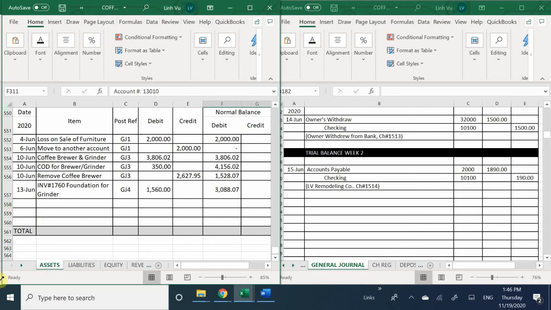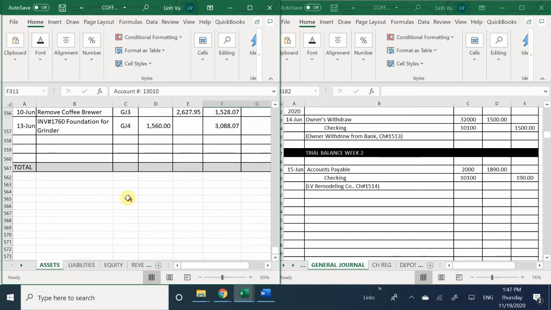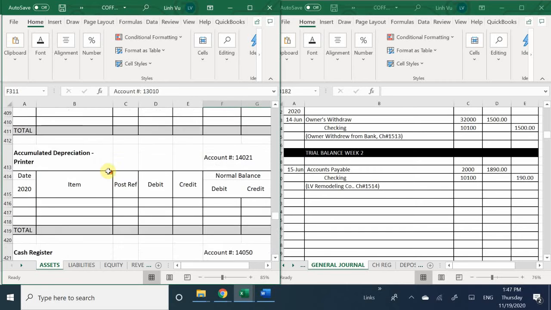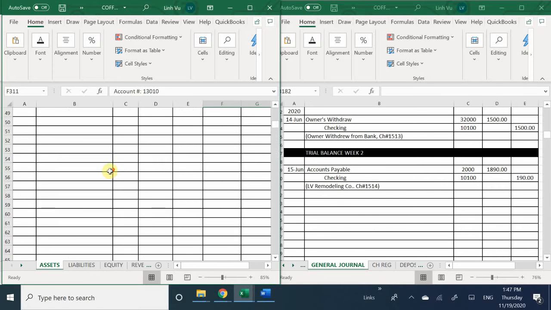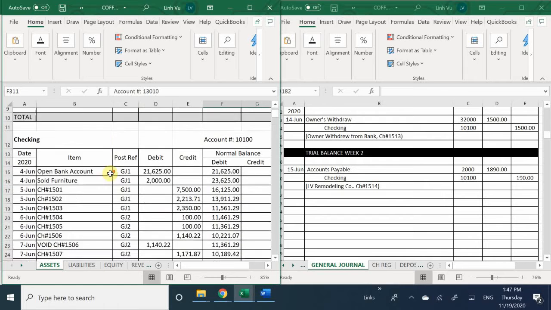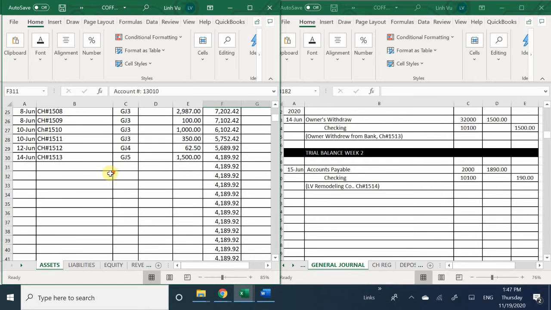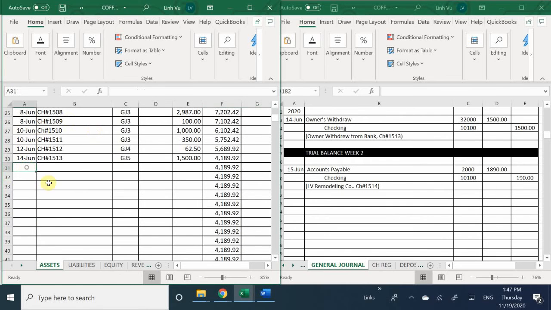And then what is next? You have to go to assets and then checking. Good. And 15, 14.